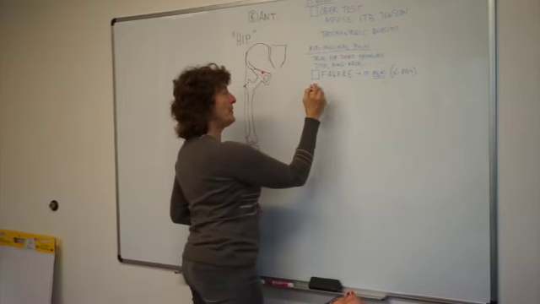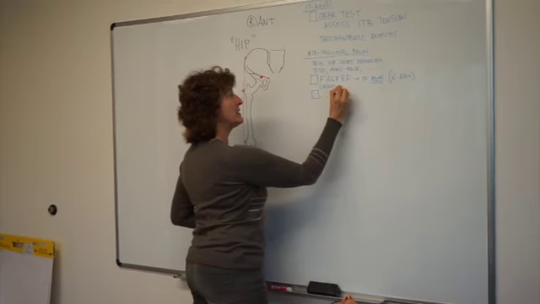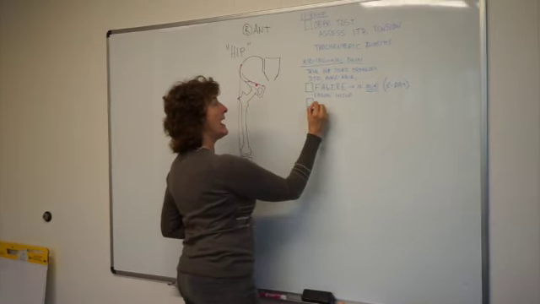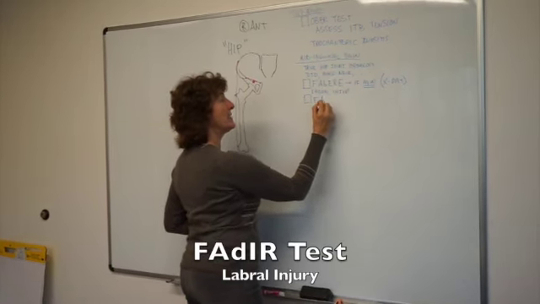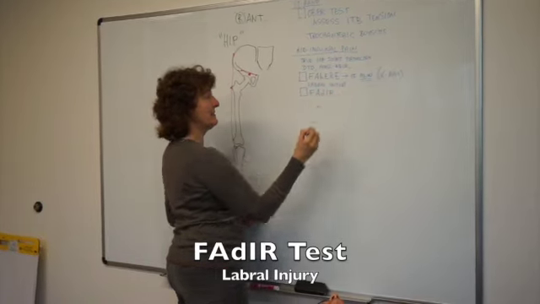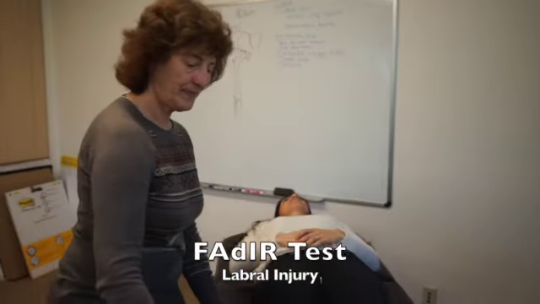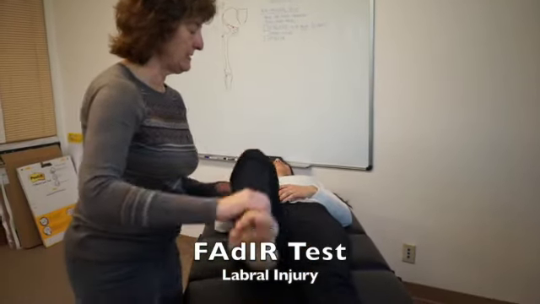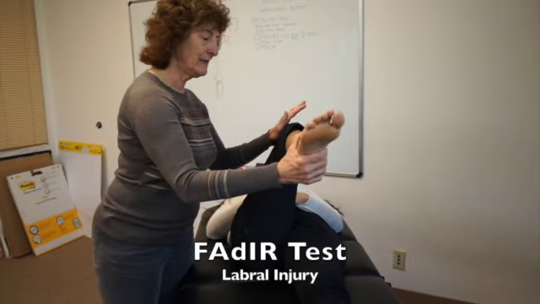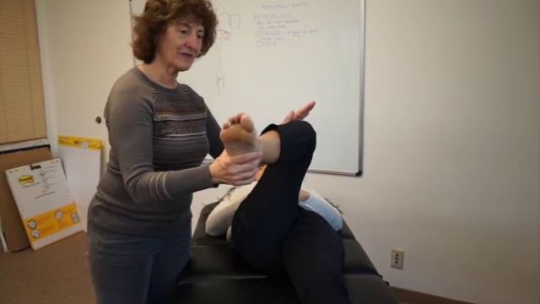Now, the other pathology is the labral injury. And that, you would want to flex, adduct, and internally rotate. So we're going to flex, adduct, keep your hand on the knee as a fulcrum, and internally rotate.